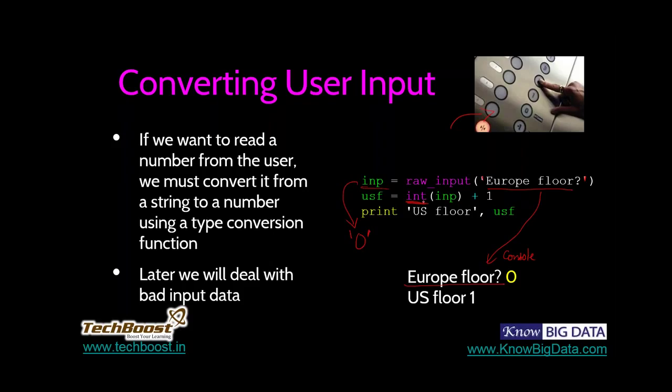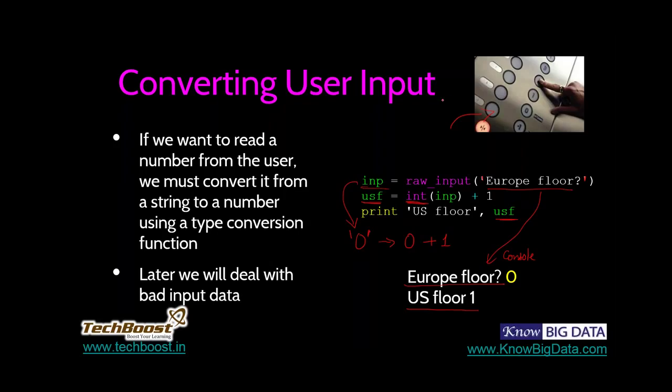So we tried using int because we know that the floor number is going to be an integer. We convert this particular 0 string into a number 0 and then add 1 to it, store it in USF, and when we print USF, we get US floor is 1.